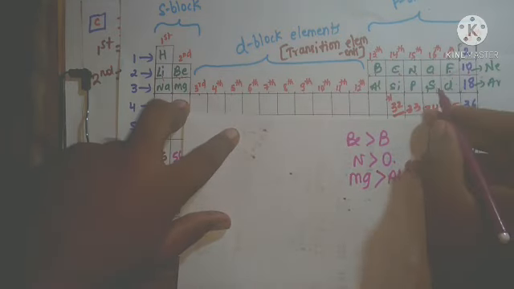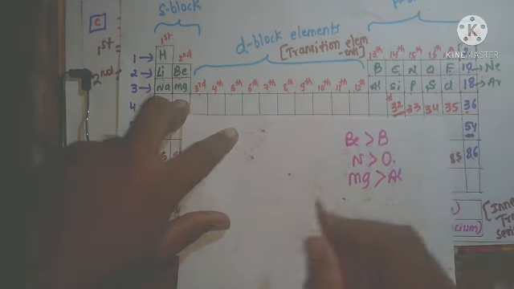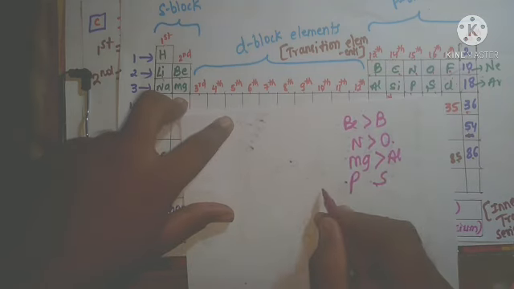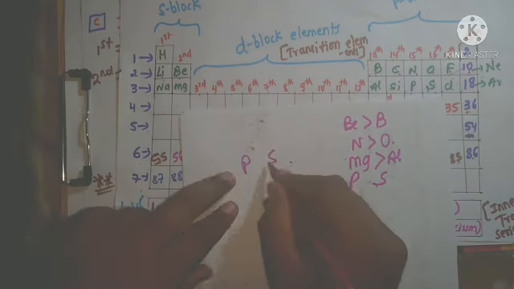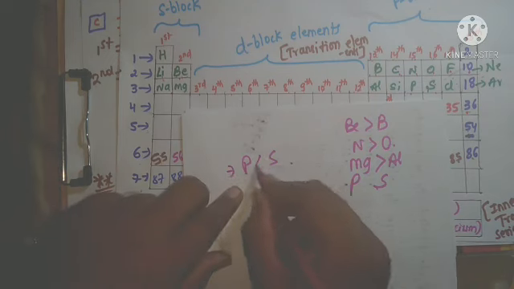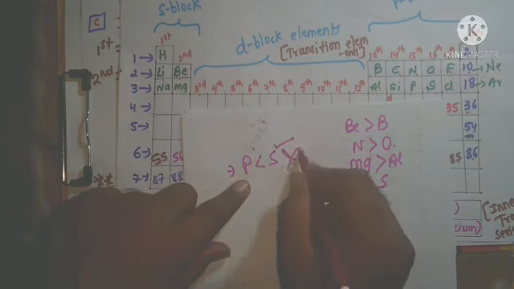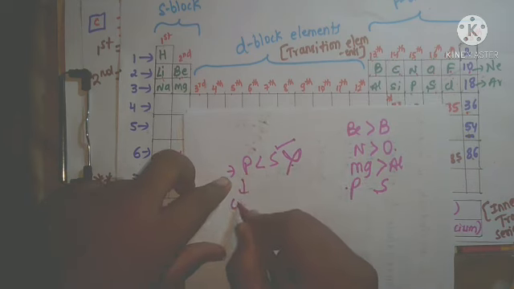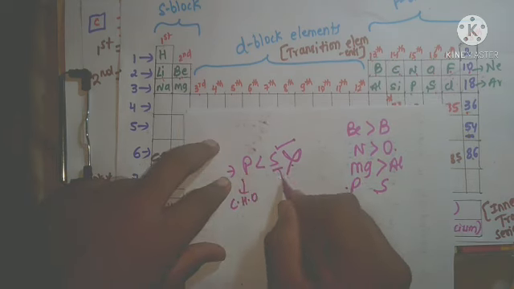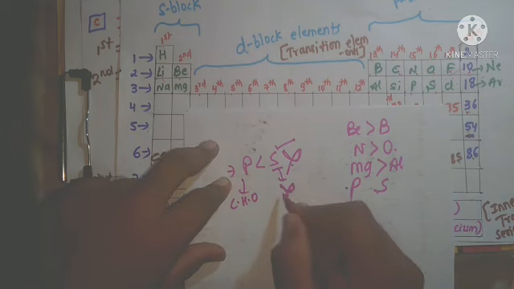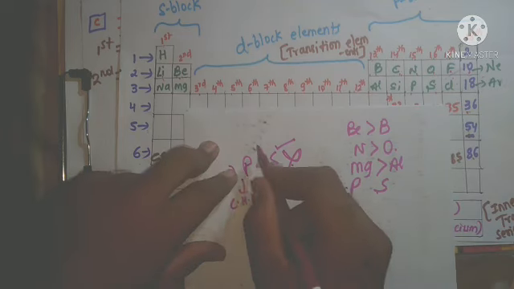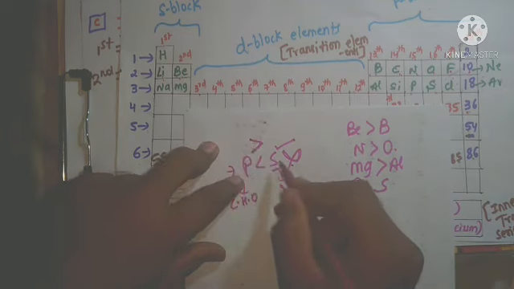Therefore again magnesium has more ionization potential energy than the aluminum. Next, the last one is between phosphorus and sulfur. Sulfur belongs to the period, meaning sulfur should have more ionization potential than the phosphorus, but it is wrong. Because phosphorus has completely half-filled orbitals, and sulfur has no completely half-filled or completely fulfilled orbitals, therefore phosphorus has more ionization potential than the sulfur.